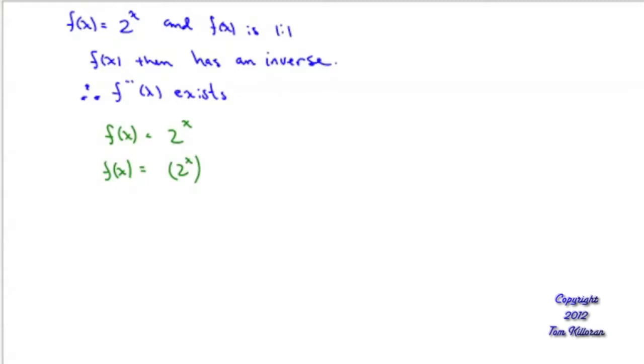I'm going to apply a function to both sides of this equation. On this side, I'm going to apply the inverse function. On this side, I'm going to do the exact same thing. Remember compositions and all that fun stuff? Here's a composition. What happens when f inverse runs into f?